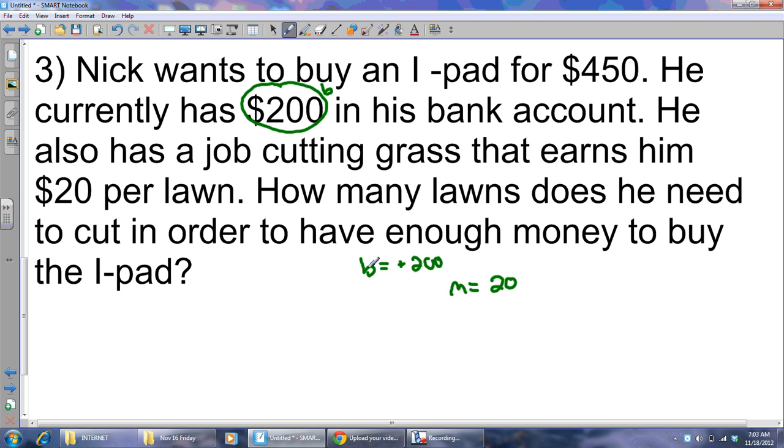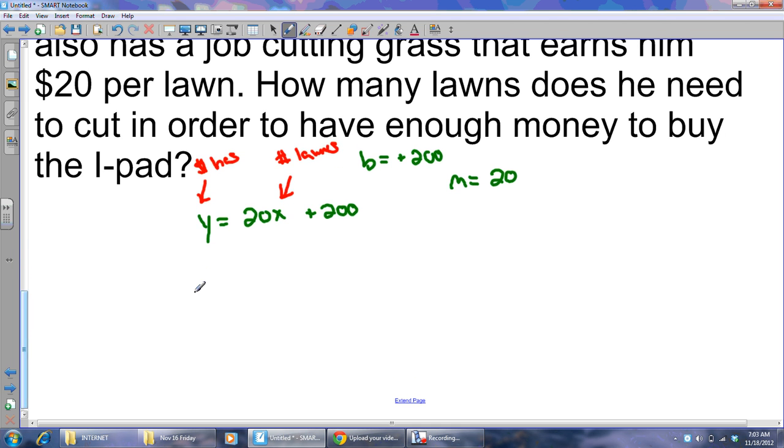How many lawns does he need to cut? Well, if we write an equation, y equals 20x plus 200, using y equals mx plus b, slope-intercept form, x is going to be the number of lawns that he cuts, and y will be the money that he has, right? Now, we need him to have $450.